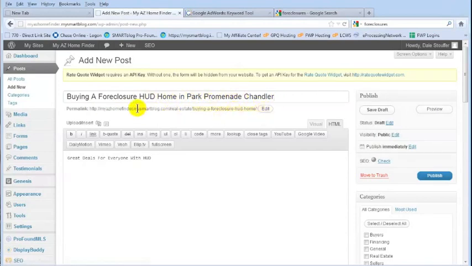Now, notice I haven't hit publish and I haven't hit save draft. But one of the things that's great about WordPress from an SEO, search engine optimization perspective, is the way we set it up, this permalink automatically forms when you publish your blog post based on what you put in your headline.